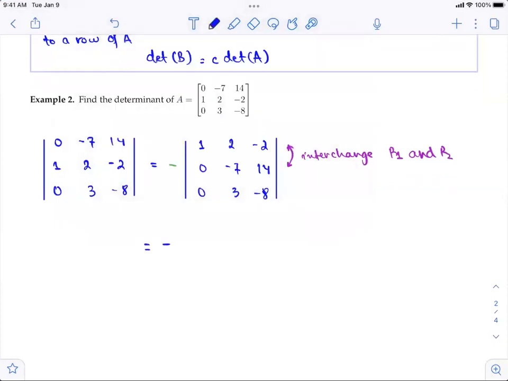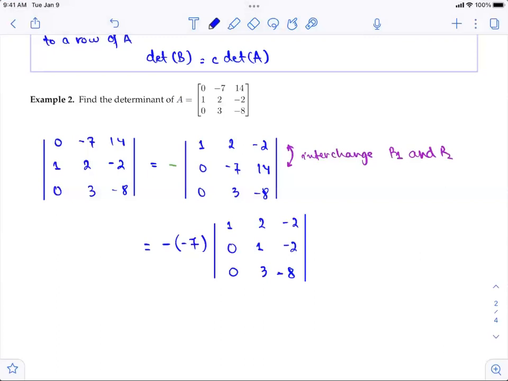So you still have a negative in front of the determinant. I multiply by -7 because you want to factor 7 out of the second row. So 1, 2, -2, 0, 1, -2, and 0, 3, -8.